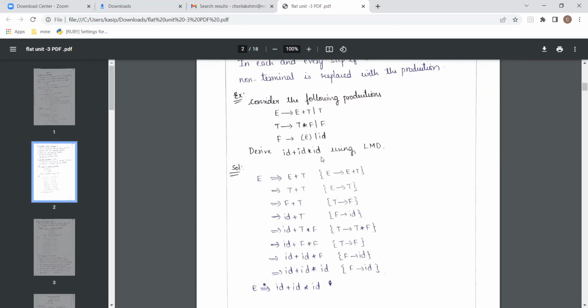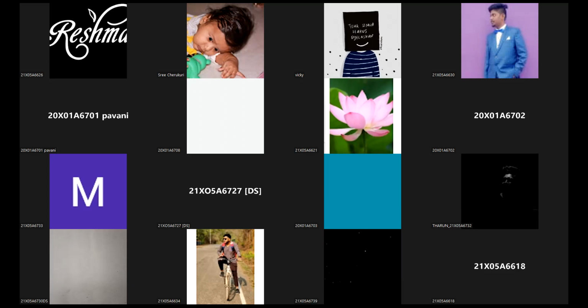So if I take this particular example, E tends to E plus T by T. Let me do this example on the whiteboard so that you can clearly understand how to do the leftmost derivation.